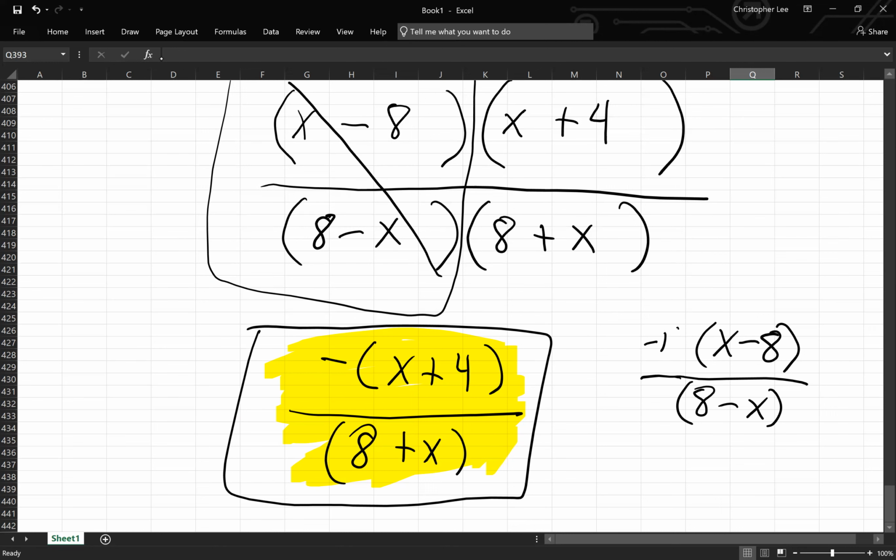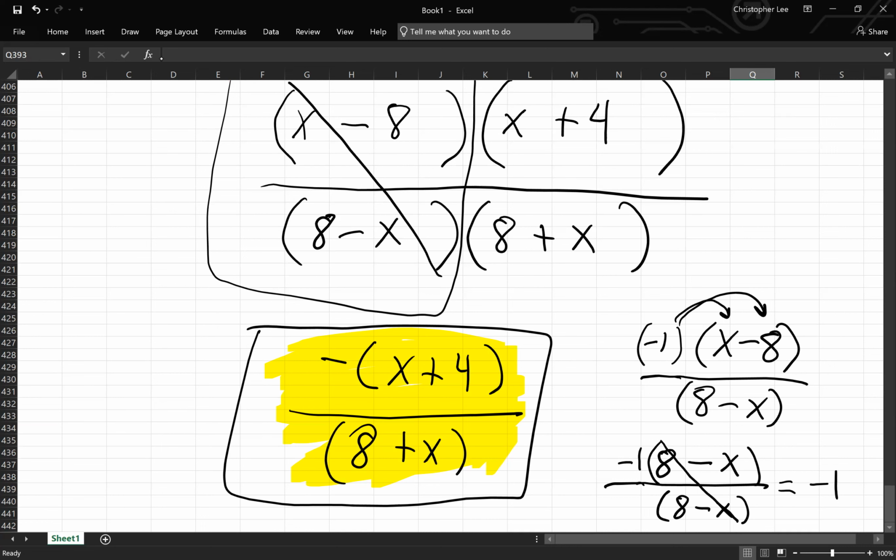You can't do both, right? You would distribute this over here, just like that, right? So that would make 8 positive, and it would make the x negative, right? And it's also the same thing as on the bottom, right? But the only thing is that now I have this -1 here because I changed the numerator. These two will cancel out, leaving back just -1. That's the reason why.